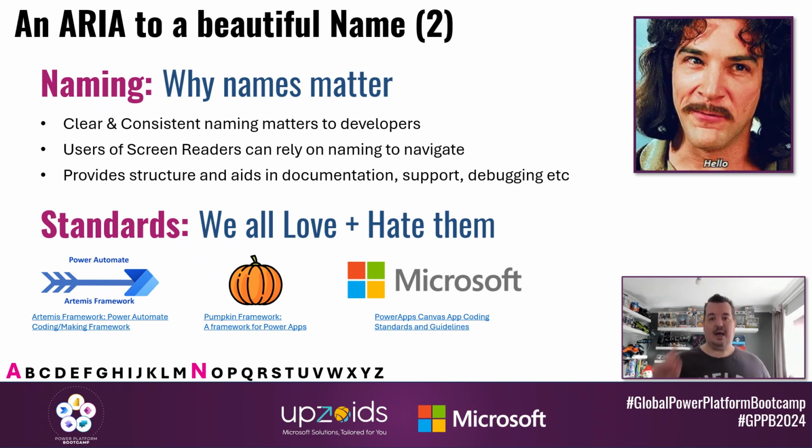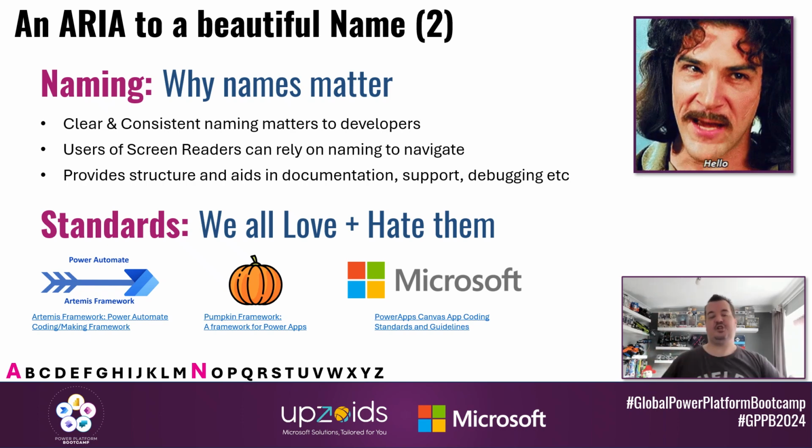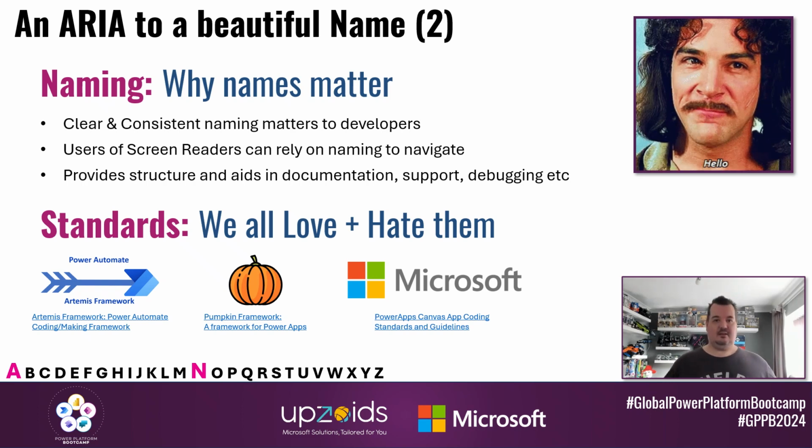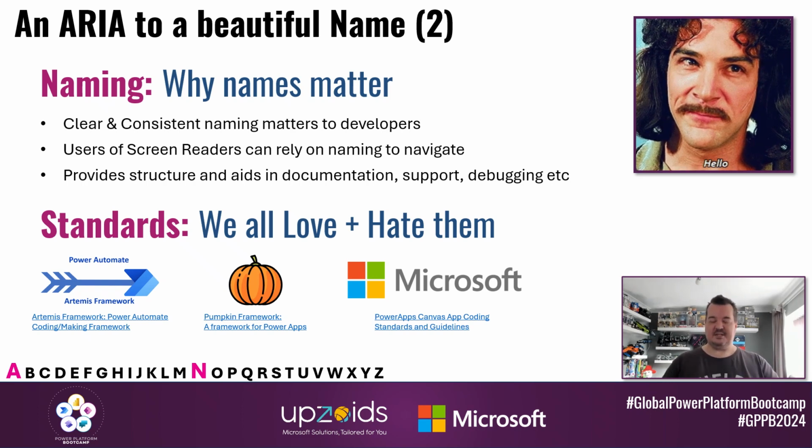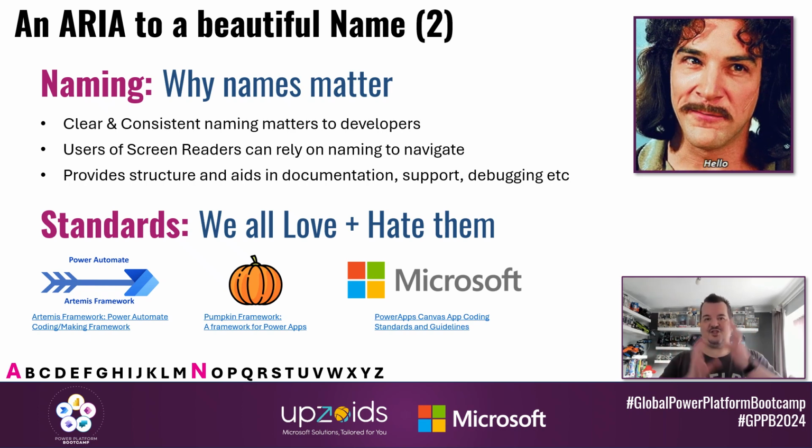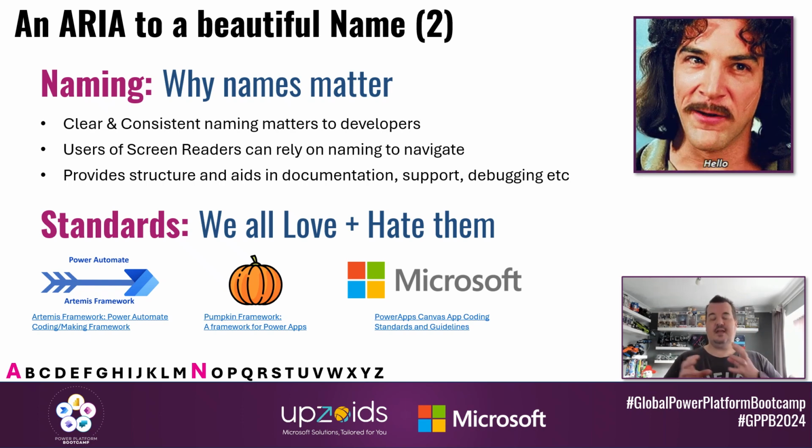And yes, Power Apps in this instance does not have a space, because that shows you how long ago Microsoft updated theirs. It was in the days before the space. But like Pumpkin, there's a lot of core structural framework stuff that is really invaluable.